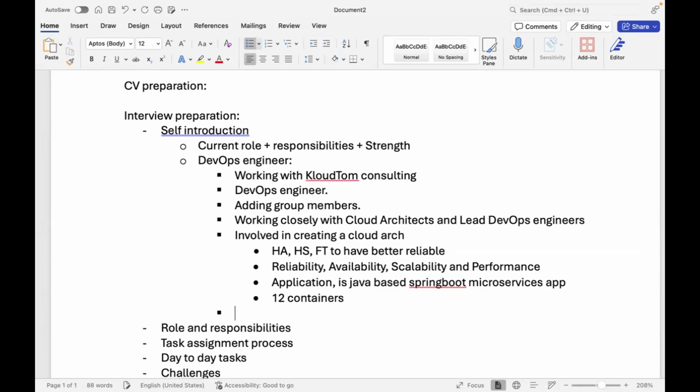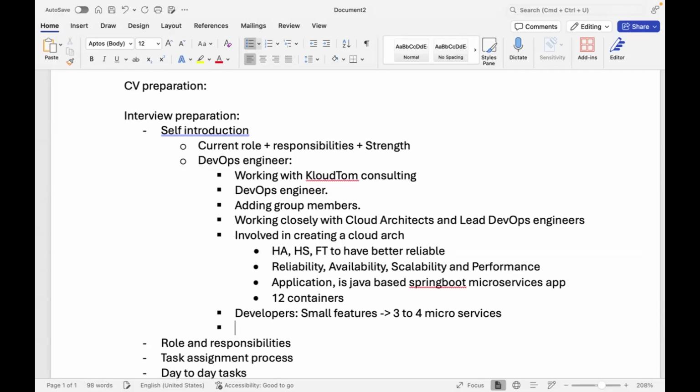Then you should talk about how developers are working on their development. Developers start working on small features. Probably they start working on 3 to 4 microservices initially. Once that is ready, you are creating an EC2 instance in AWS cloud.